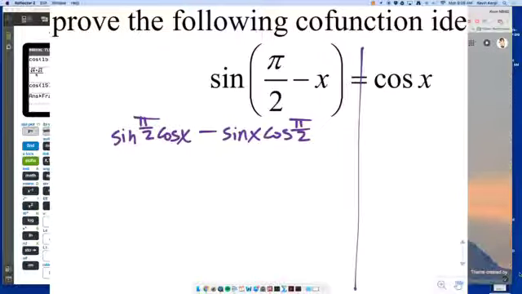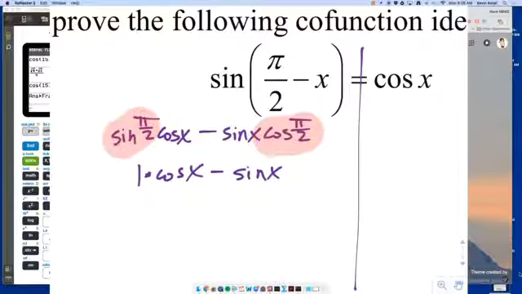So there's the expansion. And now we have sine of pi halves and cosine of pi halves. So those are actual unit circle angles, and so we can evaluate it. What is sine of pi halves? 1. So we have 1 times cosine of x minus sine of x times, I'll put that in parentheses instead.